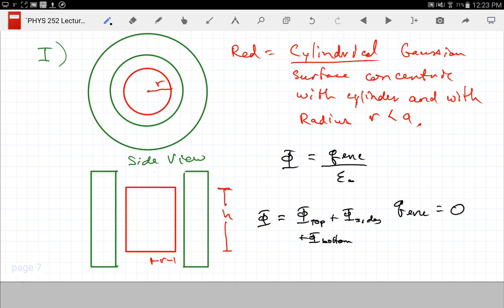Now when I calculate the flux, I have to look at the directions as well as the magnitudes. So what is the direction for the electric field if it exists in something that has cylindrical symmetry? Okay, it has to be going out radially. It can't be going up or down, right? Because if it was going up or down, then you would break the symmetry.